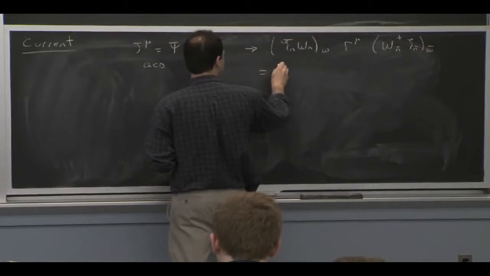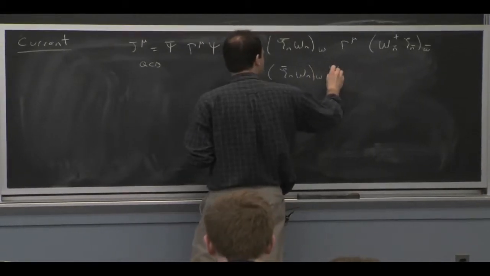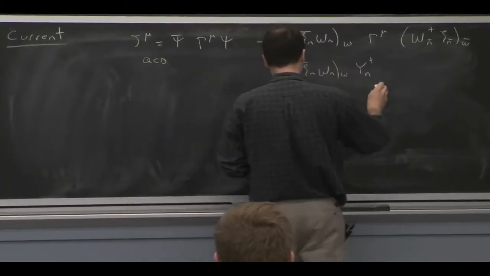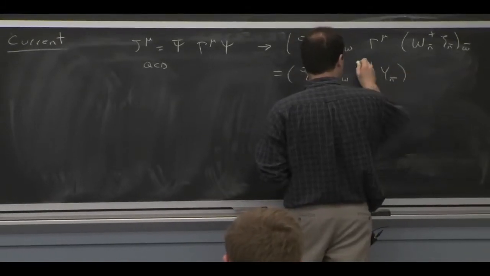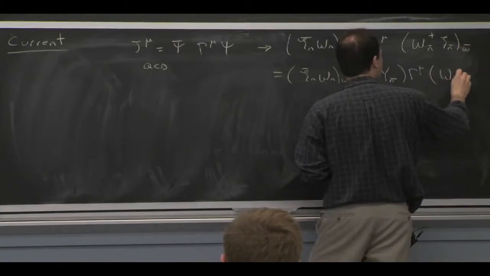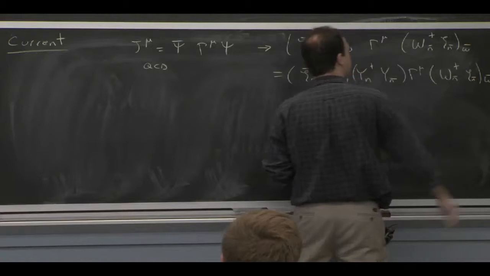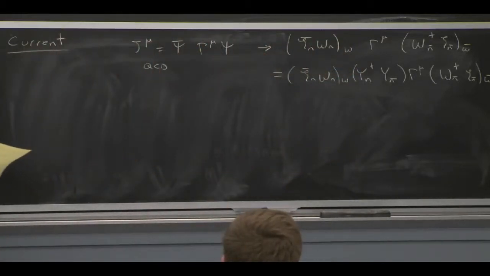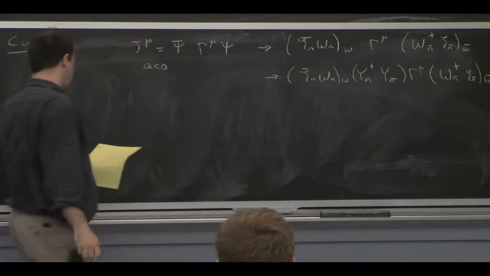And we can also make a field redefinition. And let me not put zeros on the field after the field redefinition, since that makes it notationally cumbersome. So this goes to this after making that field redefinition.